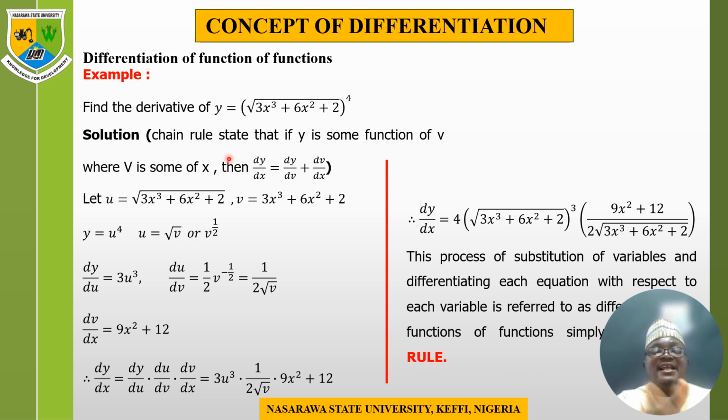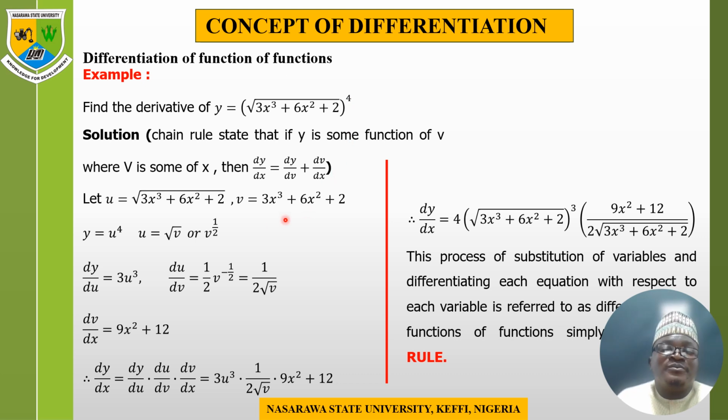Then what we are saying here in this case is that when we let our u to be this, then y is going to be changed. This is y equal to this. Then when we let our u to be what is in the bracket here, then our y is going to be changed to u raised to power 4 because we have this.